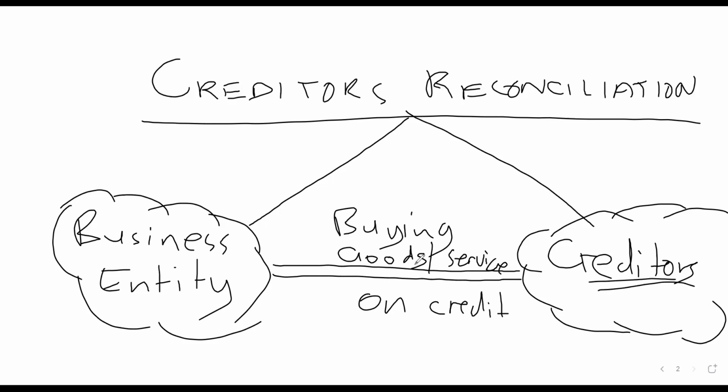So now what happens is, when we as a business entity buy some goods or services on credit from these guys, there will be a recording, and documents will be used in order for the transaction to be kept on record.